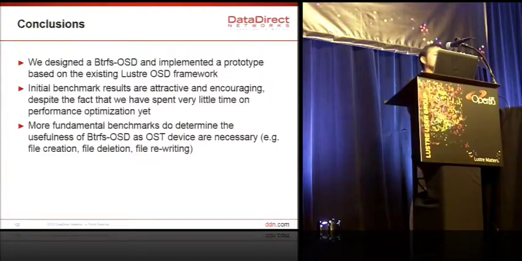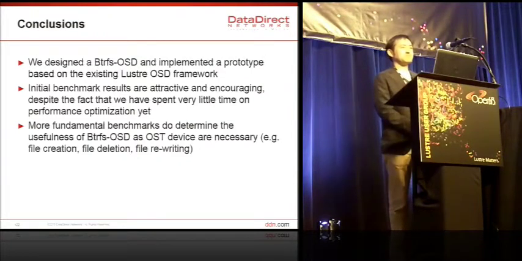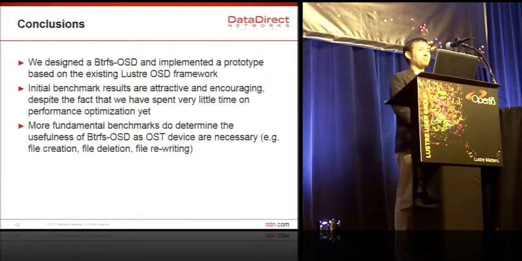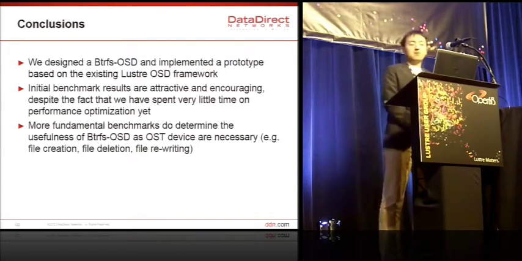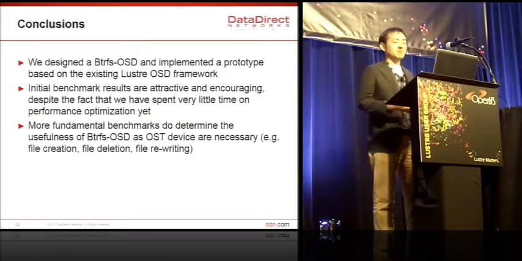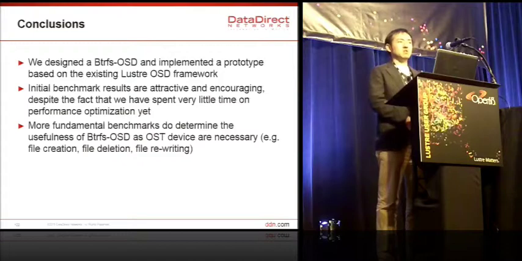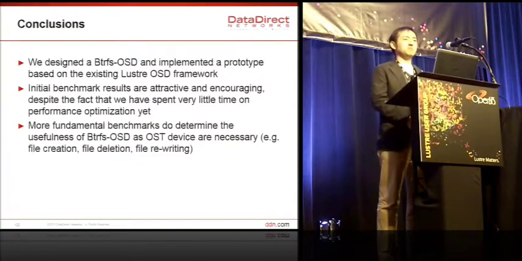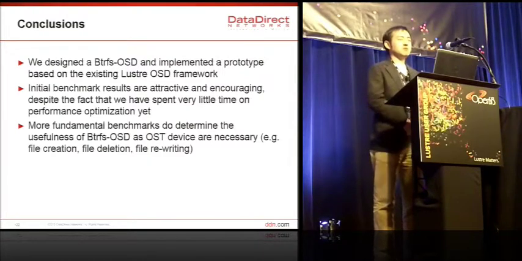I wonder if you looked into the stability of Btrfs using all of that, and even outside of your exercises. Have you had any problems? Yes, we didn't have much testing time. During the test we didn't see any problem with Btrfs itself. Most of the code problems are in our new OSD area.